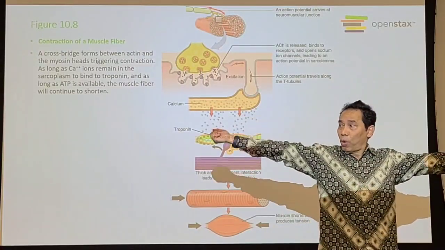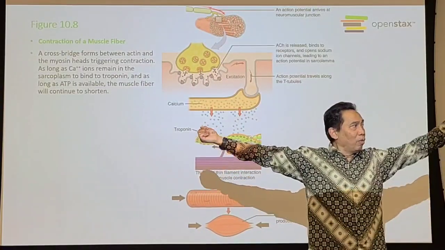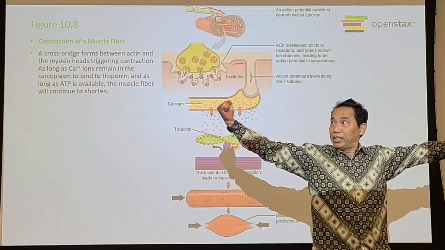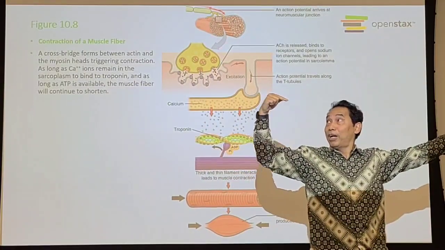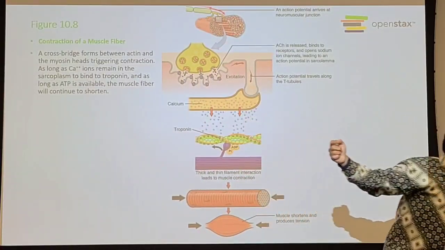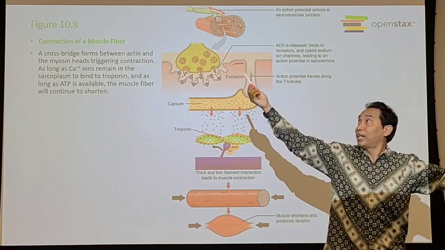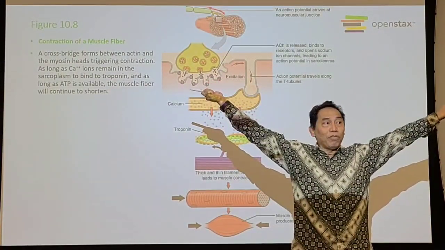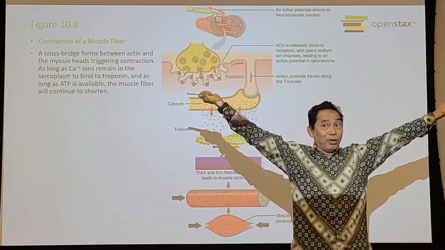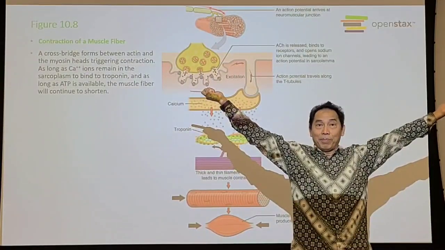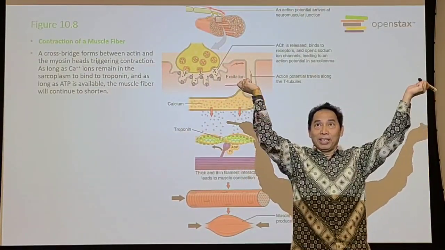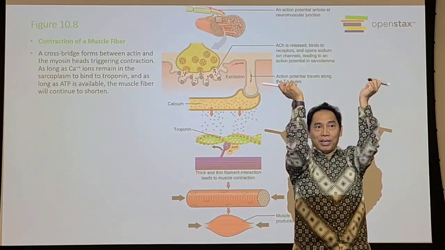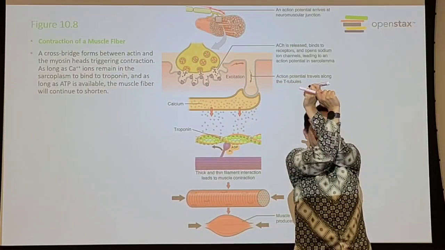So you have one myosin over here, another myosin over here, and this is the head, and this is actin. I bind it with ATP, I release one phosphate. Then what happened? The myosin will pull the actin into the middle. Sometimes it overlaps like this.